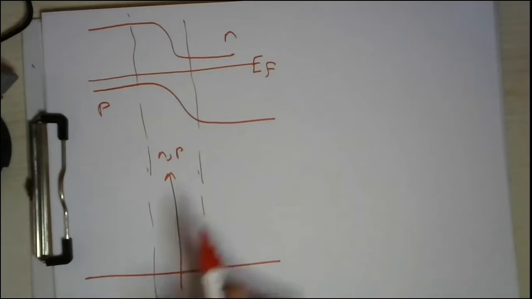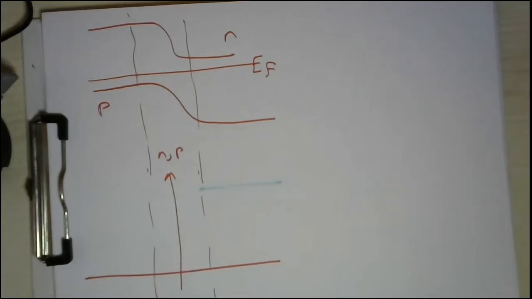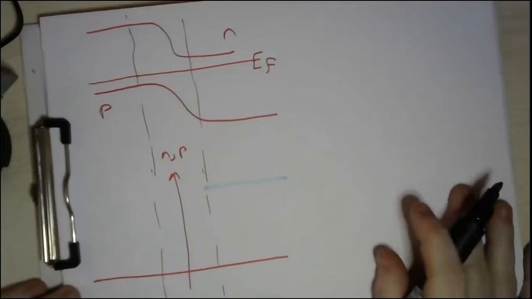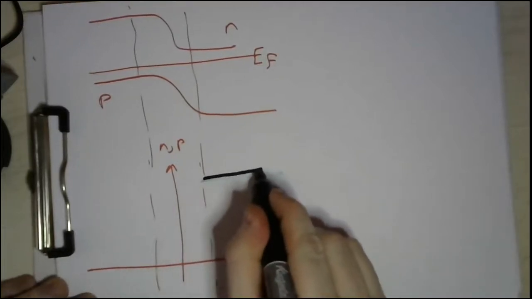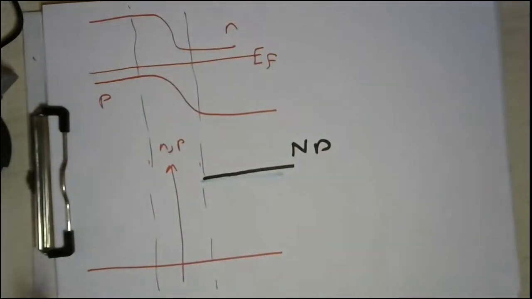In this region, electrons are the majority, so we have a huge N, which is ND, because in this region electrons are majority carriers.